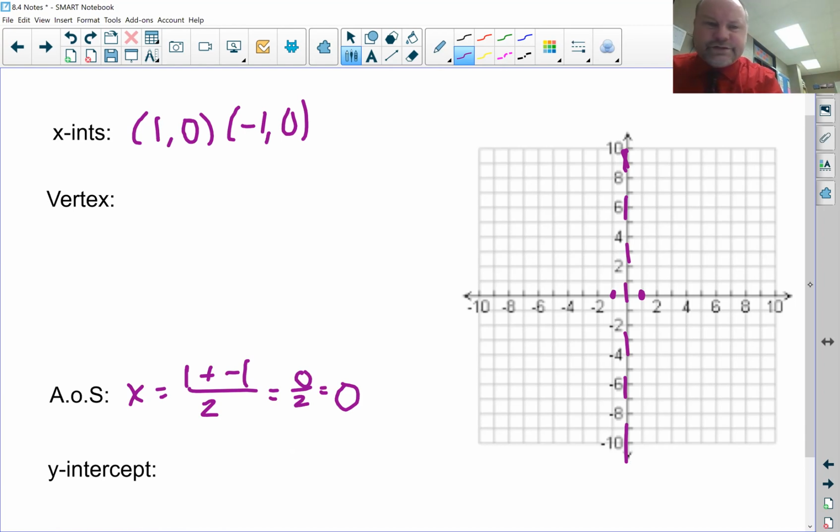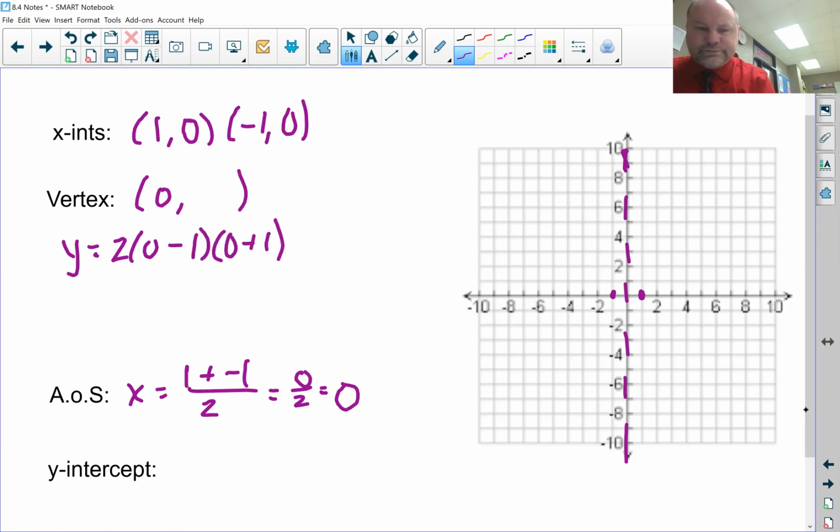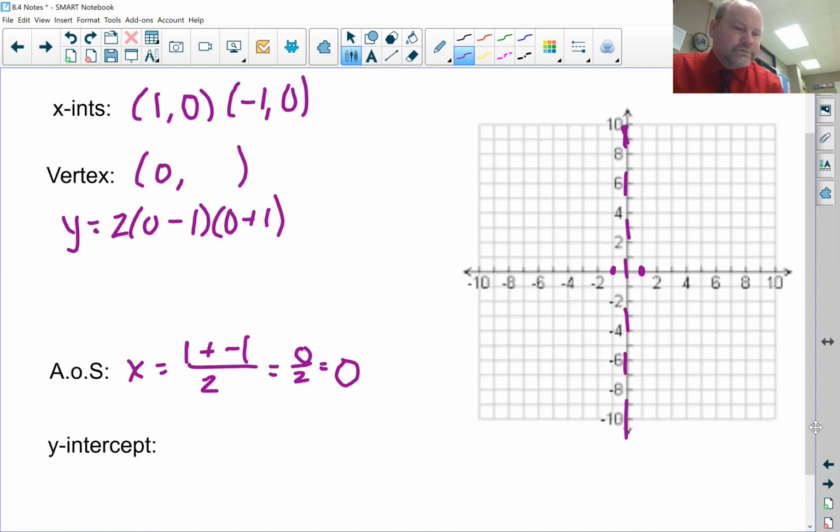For my vertex, I'm going to plug 0 in for x. So I get 2, 0 minus 1 is negative 1, 0 plus 1 is positive 1. 2 times negative 1 is negative 2.